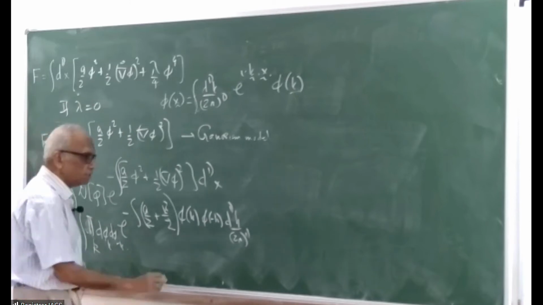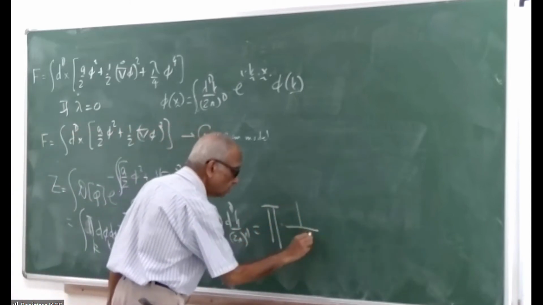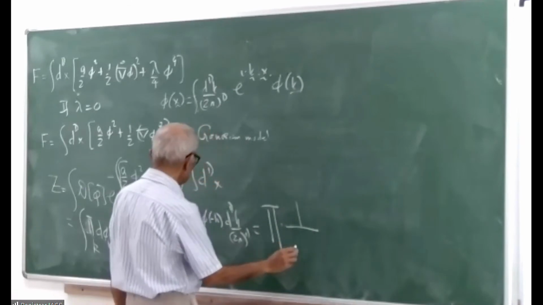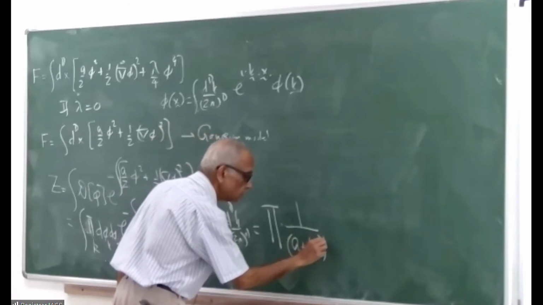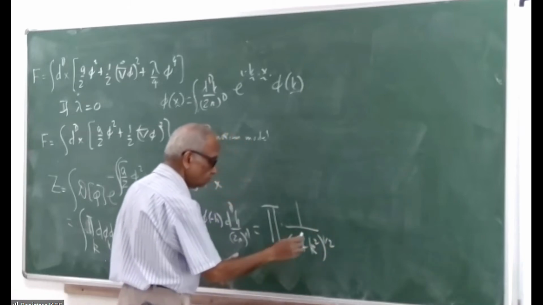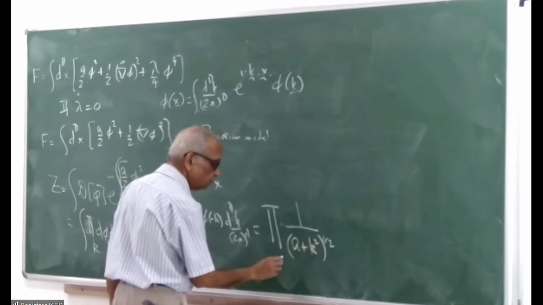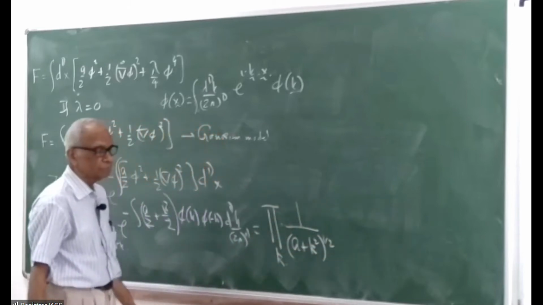And we did this, and what we got was a string of quantities which are like square root of 1 plus A square, an infinite string running over all possible k's.